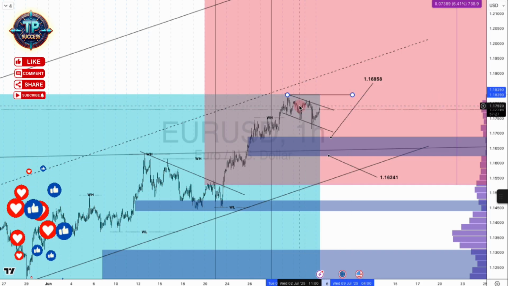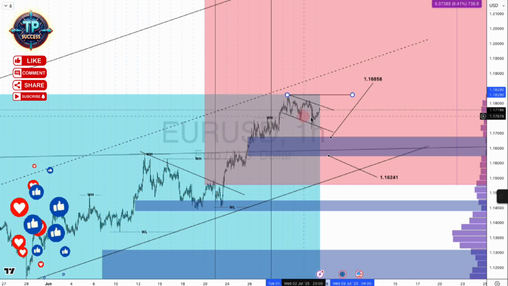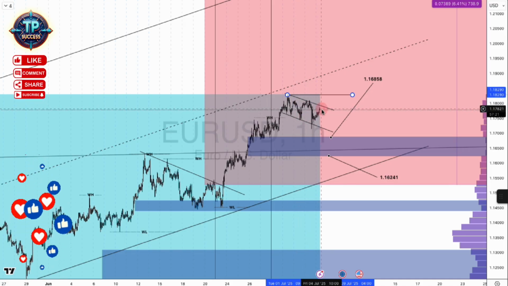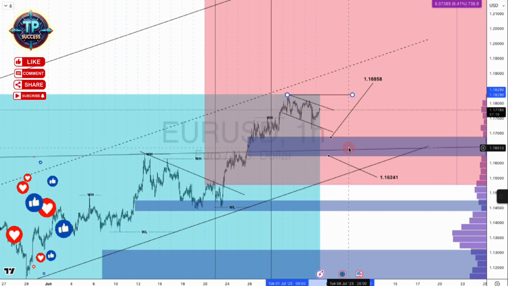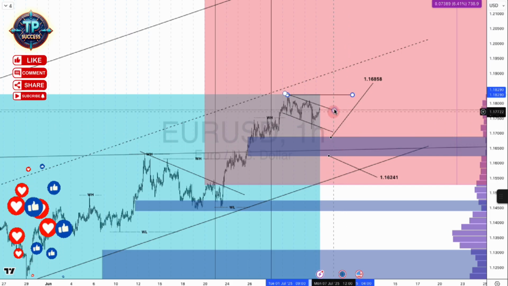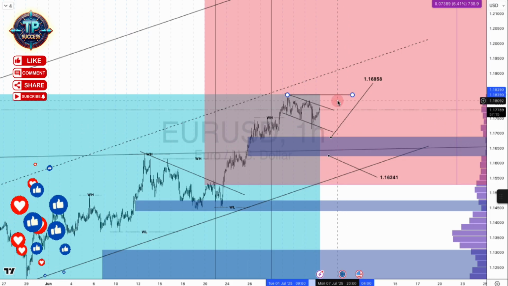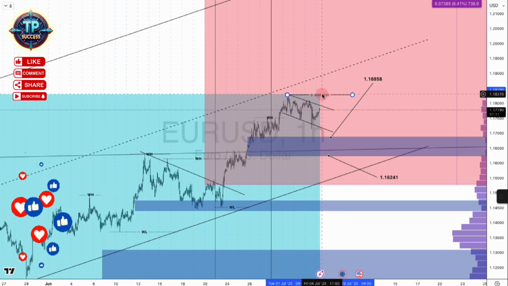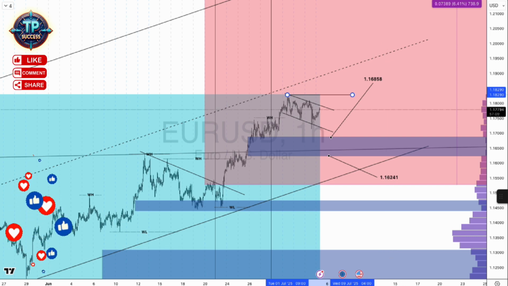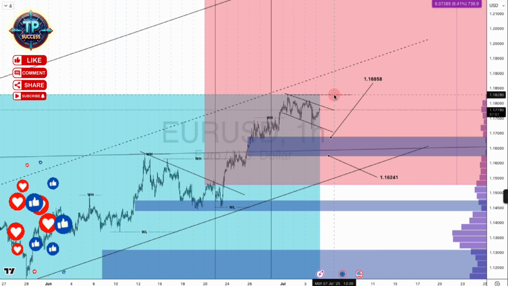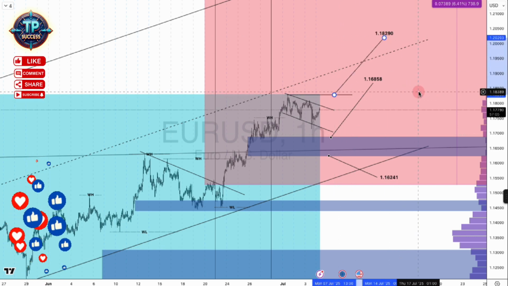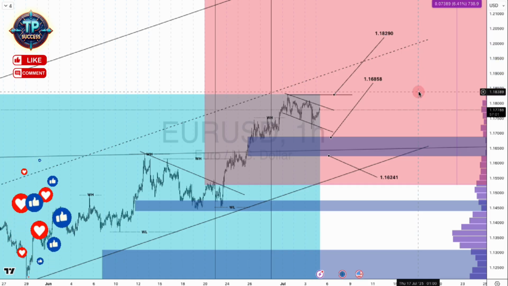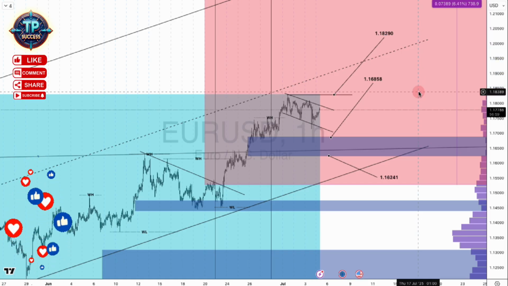So providing this descending channel breaks, it comes all the way into this low value node area, and then blasts off some way, and somehow you managed to miss the whole thing, which is fine, it happens. I would say wait for this level up here to be taken out. If that level is taken out, and that is 1.18290, at that point you may consider jumping in.